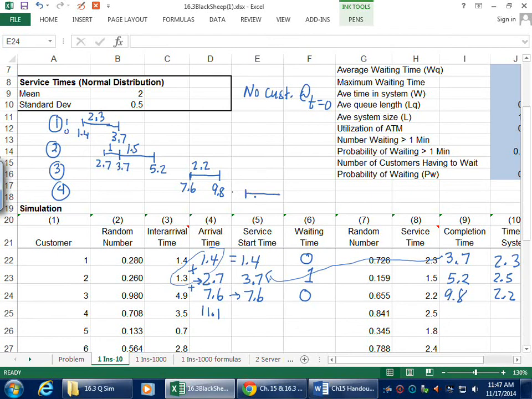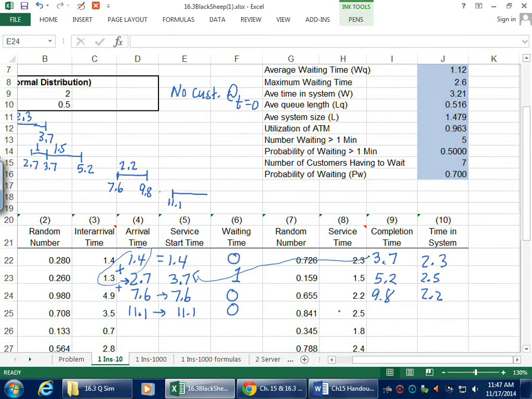So I go here, 11.1, no waiting time, and start service right away at time 11.1. Completion time is, did I add the 2.5? So 2.5 minutes receiving service, and it's 13.6 when this one leaves. Time in the system is the same as the service time, 2.5, because there was no waiting.